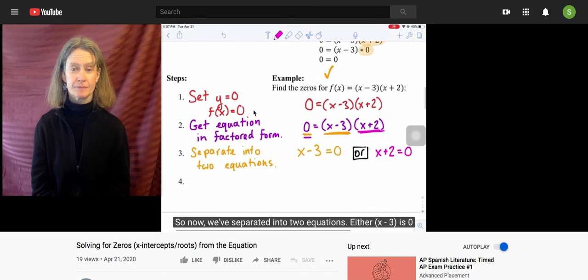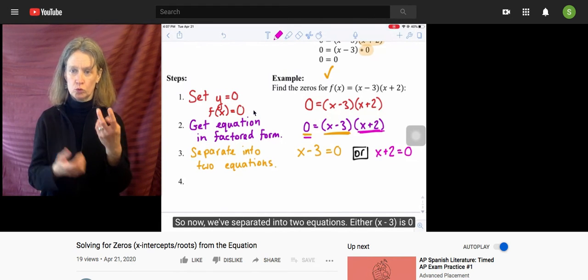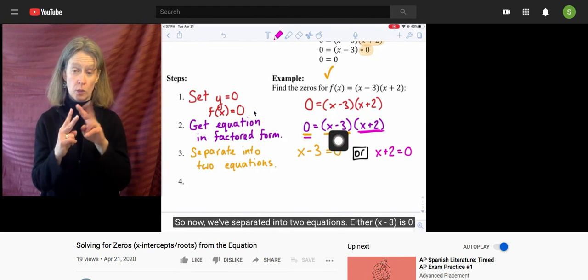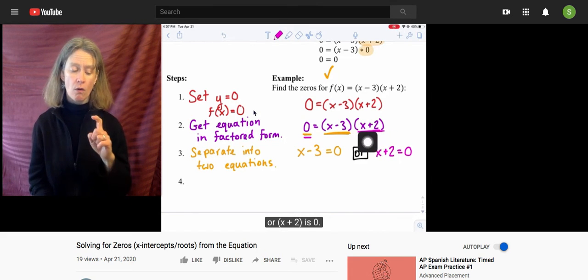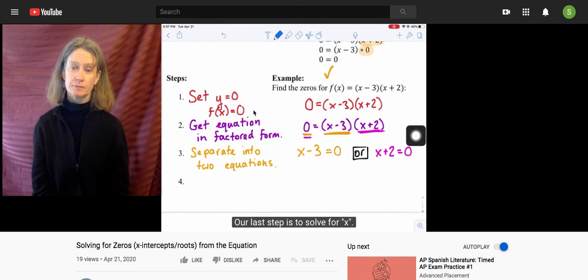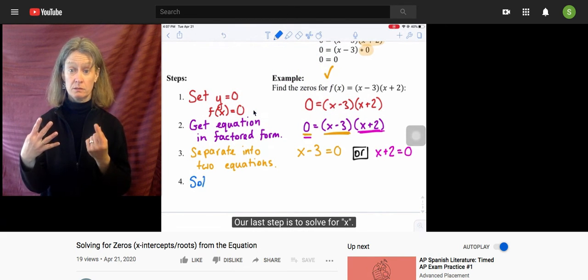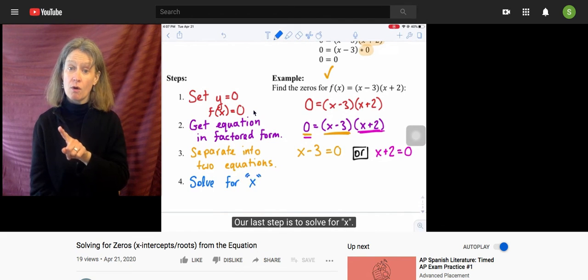So now we've separated into two equations. Either x minus 3 is 0 or x plus 2 is 0. Our last step is to solve for x.